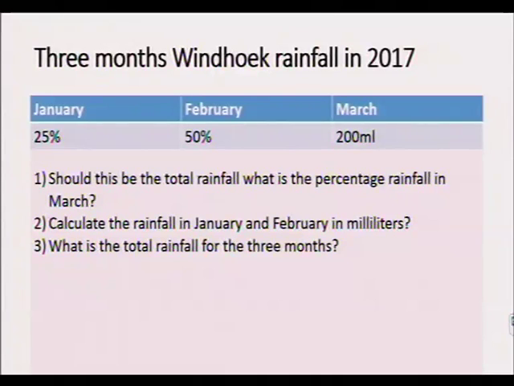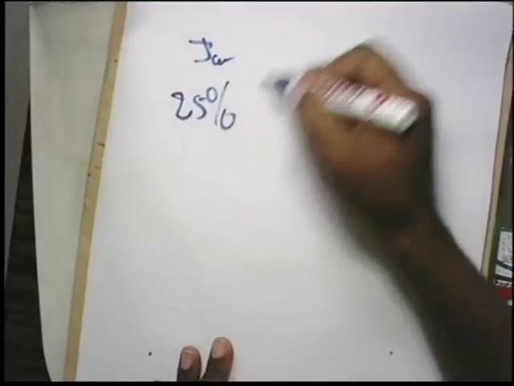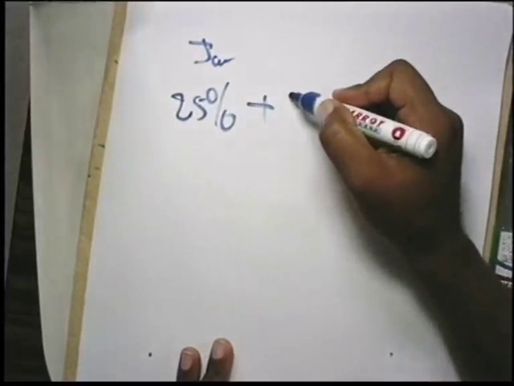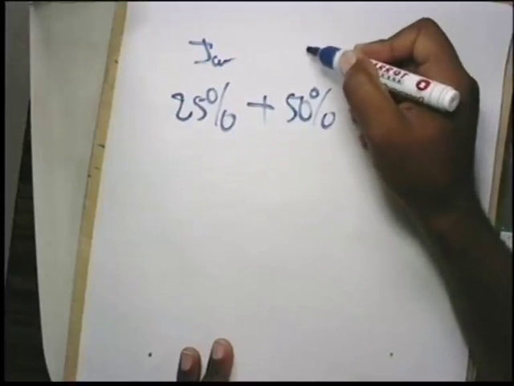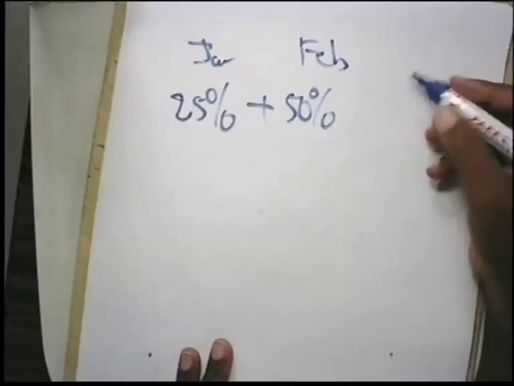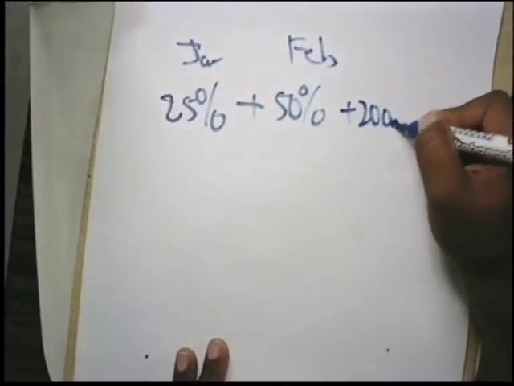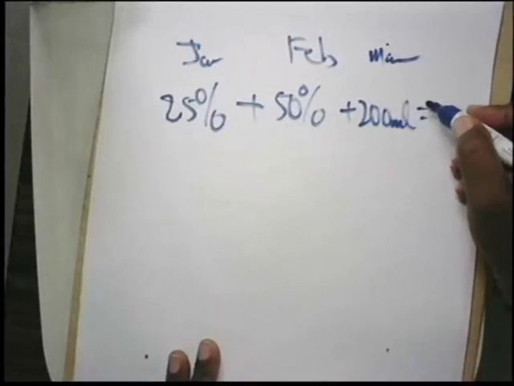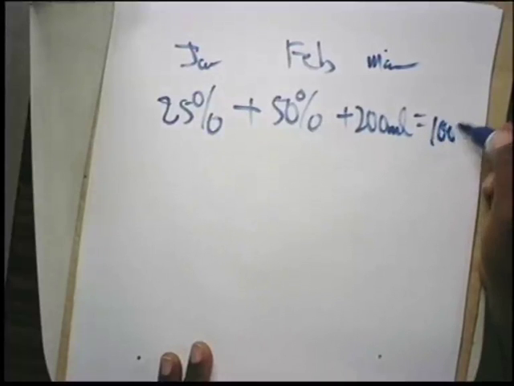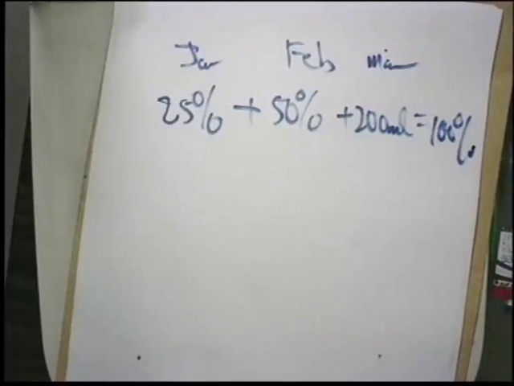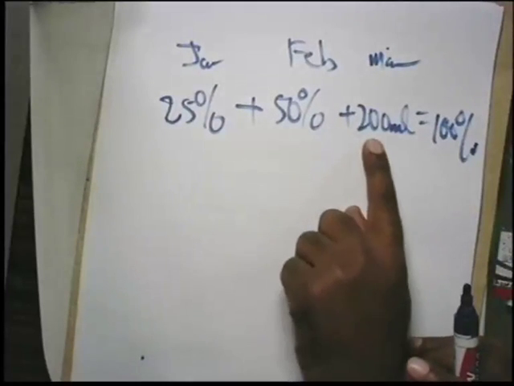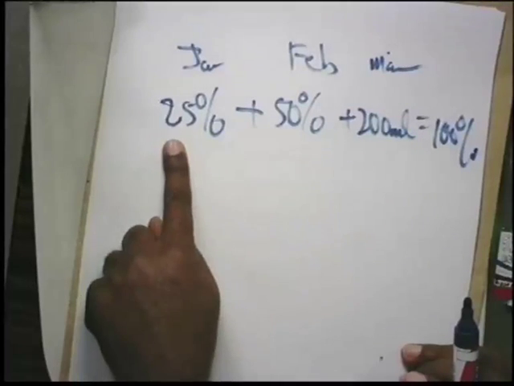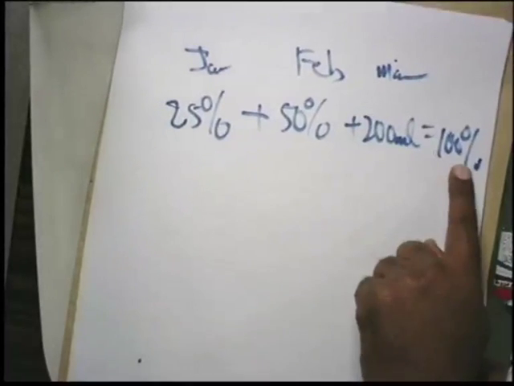So what you do is you have 25% for January. You add 50% for February, and then you add 200 milliliters for March, and that should be equal to 100%. We don't know the percentage for March. We have the percentage for January, we have February, and we have the final percentage.